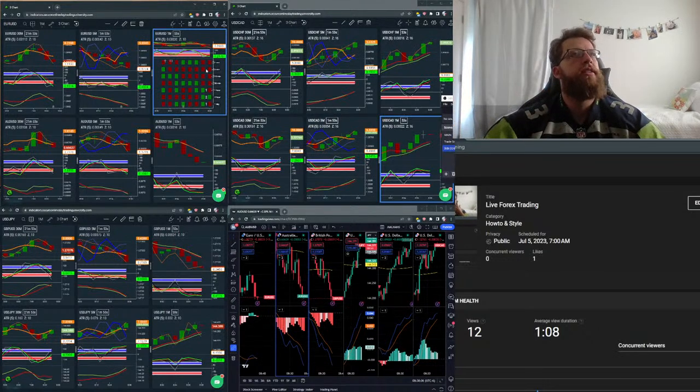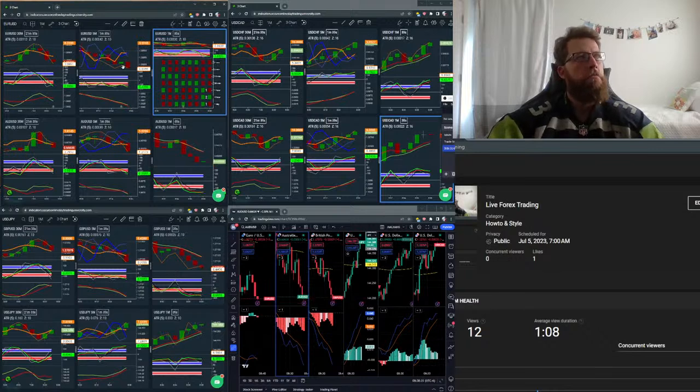Just looking at the 30-minute and the 5-minute here, obviously that looks bearish overall. This 5-minute looks bearish overall. Then we go over here, 5-minute red, 30-minute red.